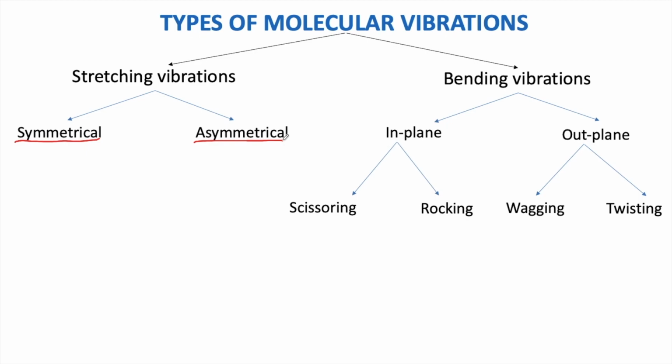Bending vibrations are further classified into two types: we have in-plane bending vibrations and out-of-plane bending vibrations. In in-plane bending vibrations, we have scissoring and rocking, and in out-of-plane bending vibrations, we have wagging and twisting. Let us learn more about them in detail, one by one.